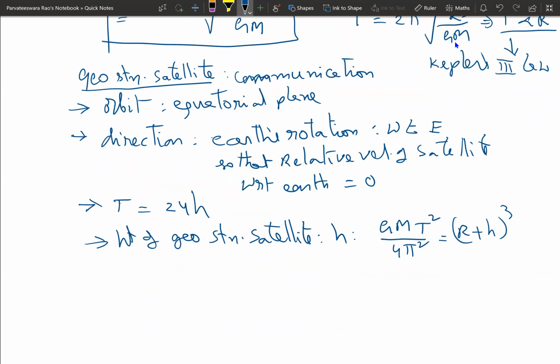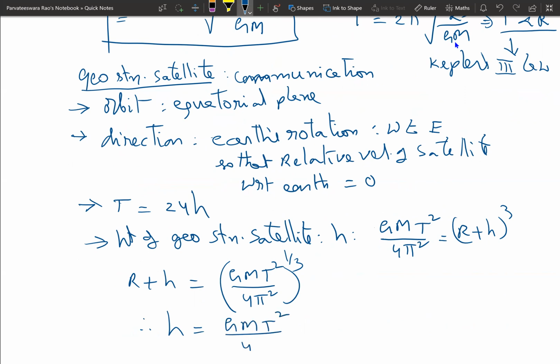So take the cube root. R plus h will be (GM T square by 4 pi square) to the power of 1 by 3. Therefore, the height of the geostationary orbit is given by (GM T square by 4 pi square) to the power of 1 by 3 minus R.